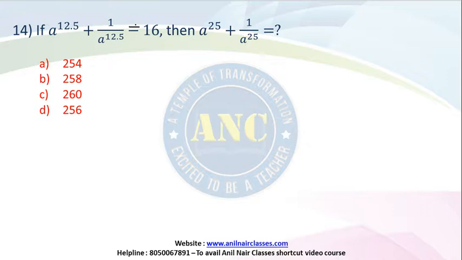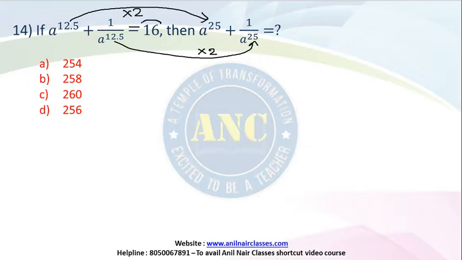Now as I told you some time before, sir, the answer for this can be so easily thought. 12.5 is becoming 25. That means it is double. 12.5 in the denominator is also becoming 25. It is double. Whenever it is double, take the right hand side 16 and square it. 16 square is 256, minus 2.